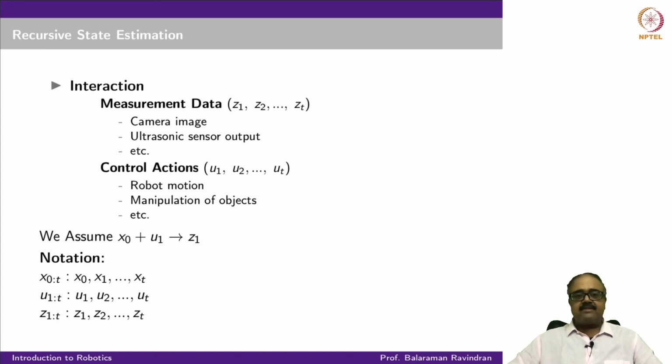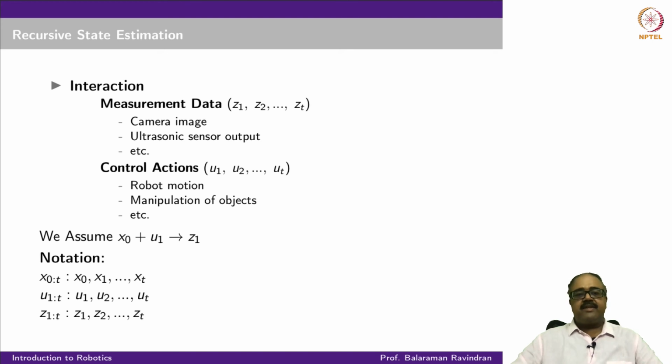So our state notation is going to run from x0 to xT, while the action notation will run from U1 to UT, and the measurement notation will also run from Z1 to ZT. And when I want to denote the entire set of states, x0 to xT, I'll use the notation x0:T. Or if I say x0:T-1, that means all the way up to T-1, but doesn't include xT. So that's the notation that we'll use.